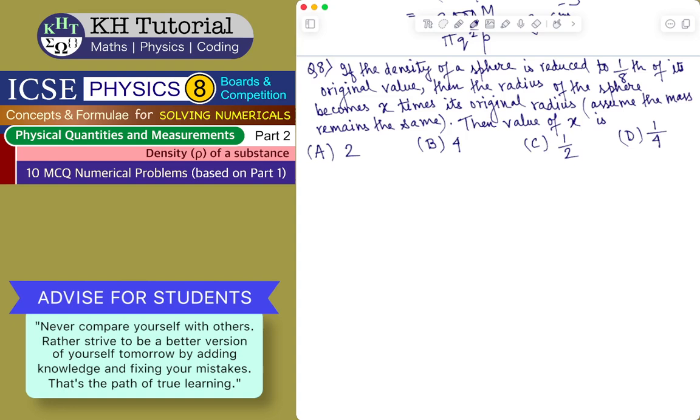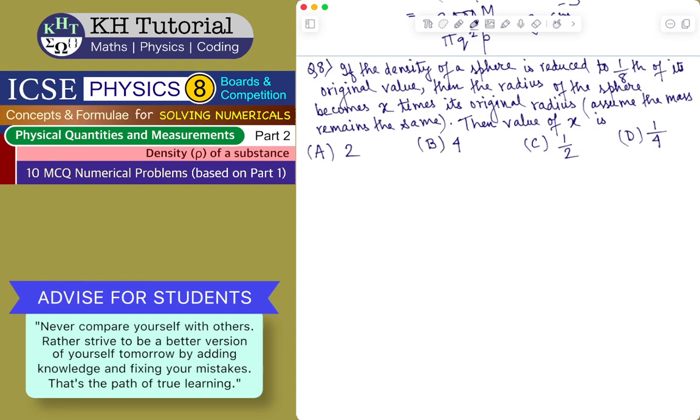If the density of a sphere is reduced to 1/8 of its original value, then the radius of the sphere becomes x times its original radius. Assume the mass remains the same, then the value of x is.